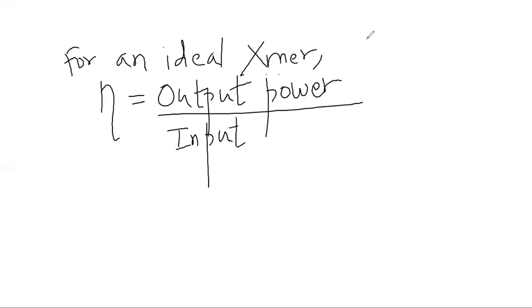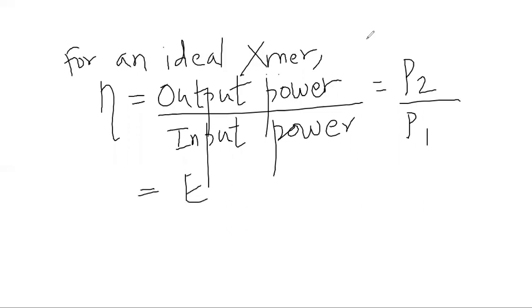I will normally write it as P2 upon P1. On the output side of the transformer, P2 can be written as E2I2 upon E1I1.